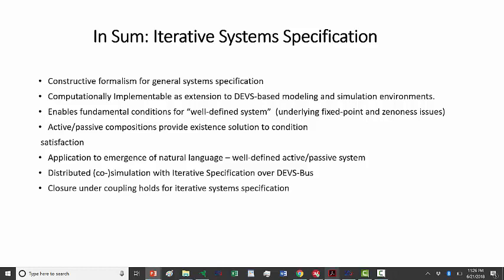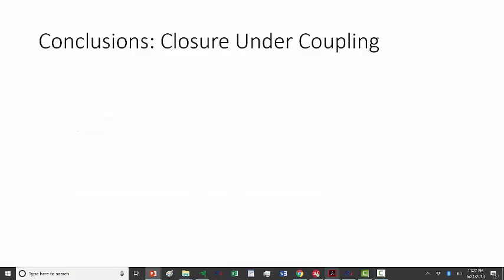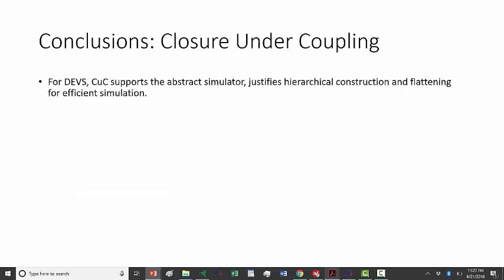We've also mentioned, but have not actually proved, closure under coupling for the iterative system specification, but we've given the conditions under which we get well-defined systems by doing such coupling.